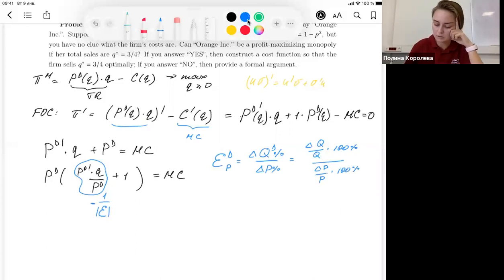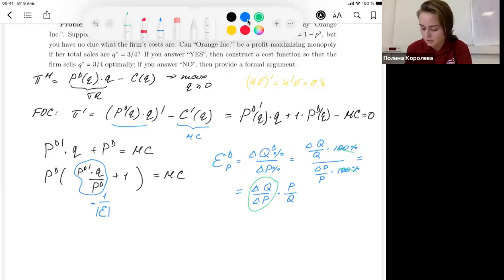We can delete the 100% and rearrange everything. What we will see is the change in quantity in units over the change in price multiplied by the price over quantity. This is the definition of elasticity: how our quantity demanded changes if we change the price in percent. And this is the definition of derivative, if our changes are very, very small.